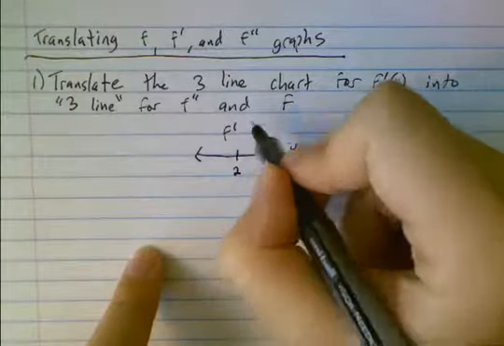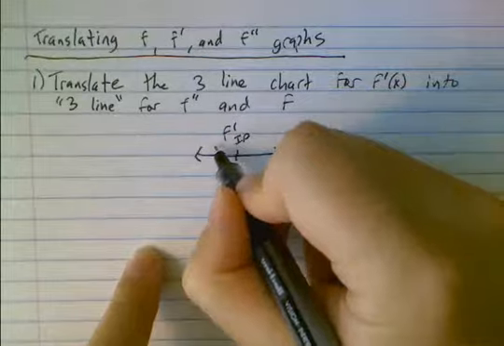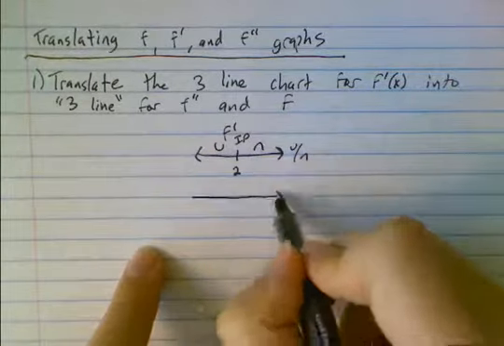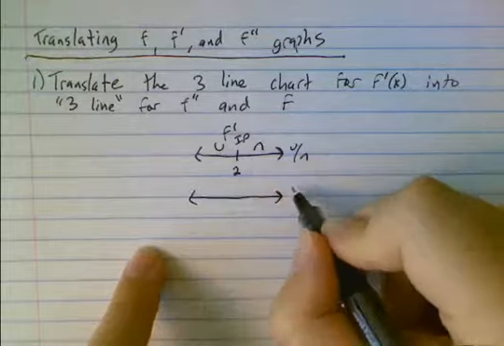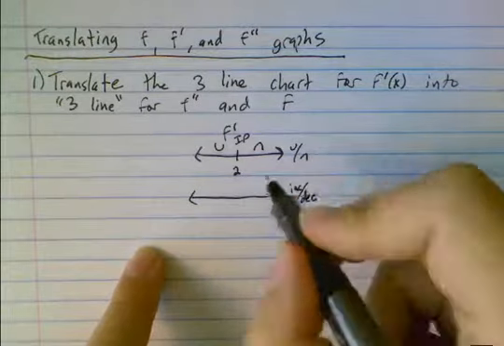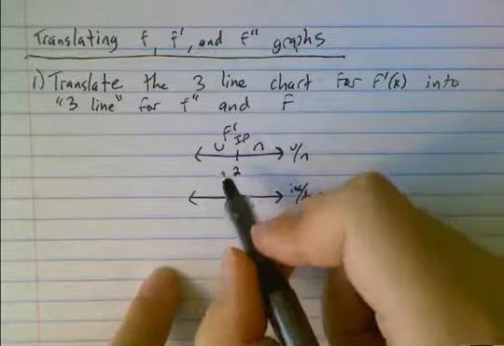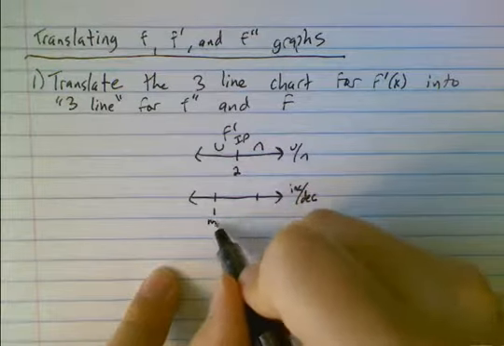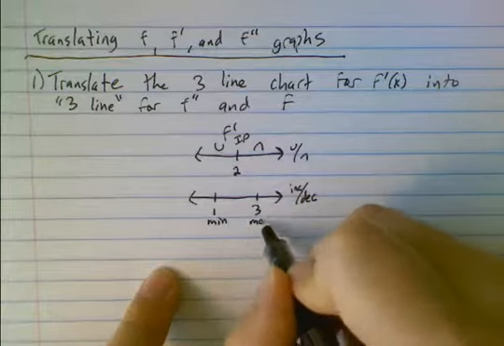At 2, there's an inflection point, concave up on the left, concave down on the right. At 1, there is a minimum. At 3, there is a maximum.